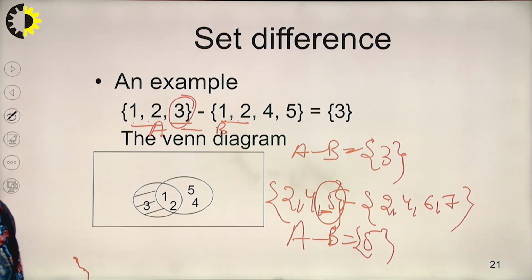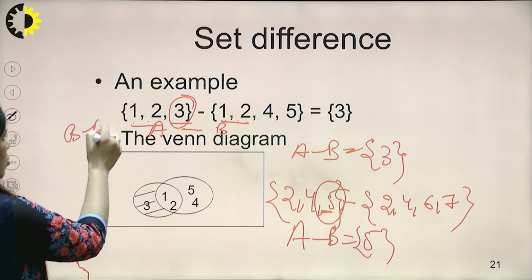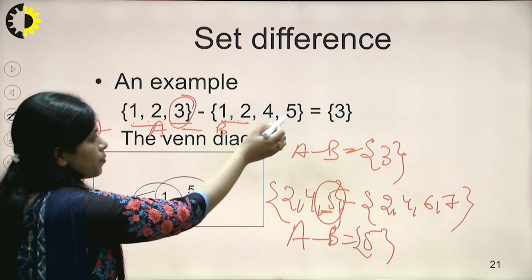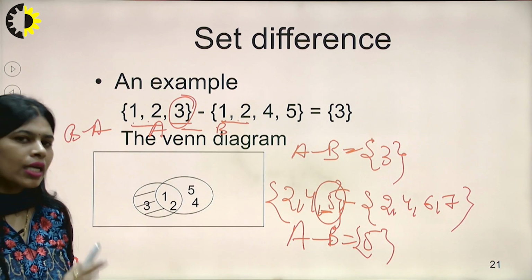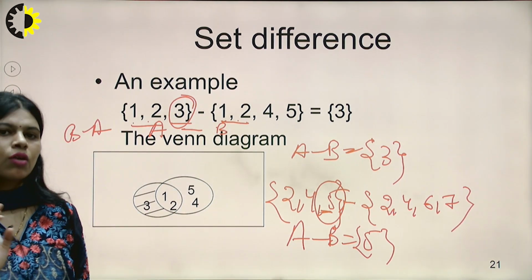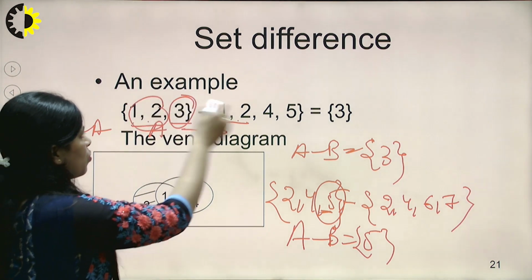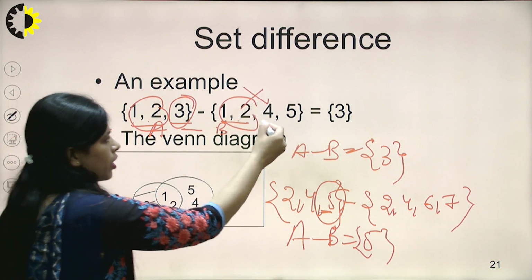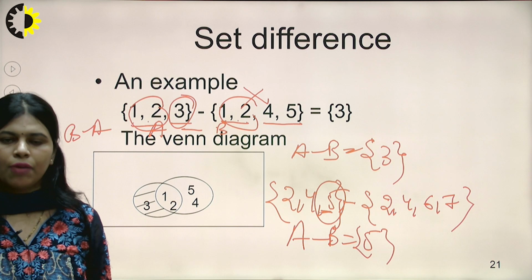And if I talk about B minus A, it means all the elements present in B only, not in A, and we do not consider the common elements. So 1 and 2 are not considered. We take 4 and 5, which are present in B only.